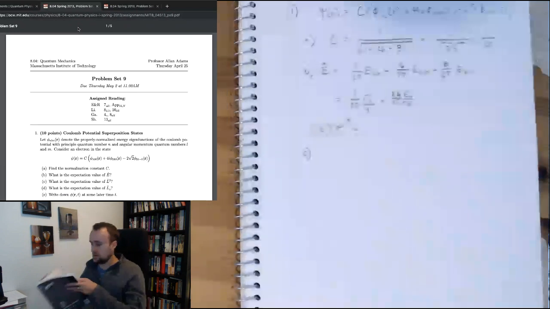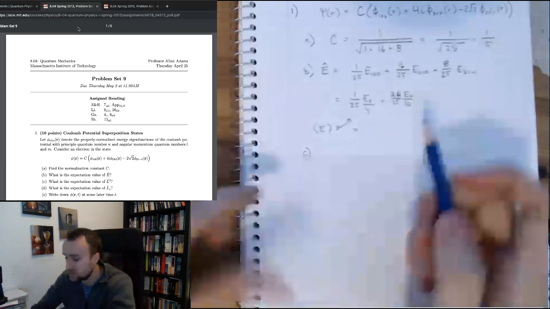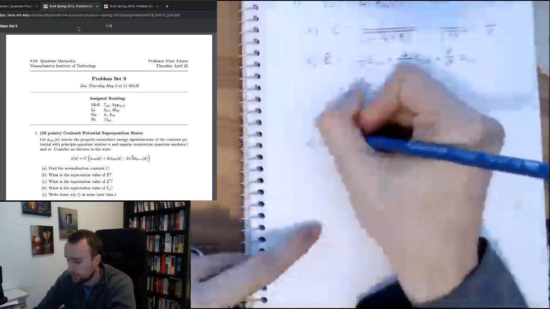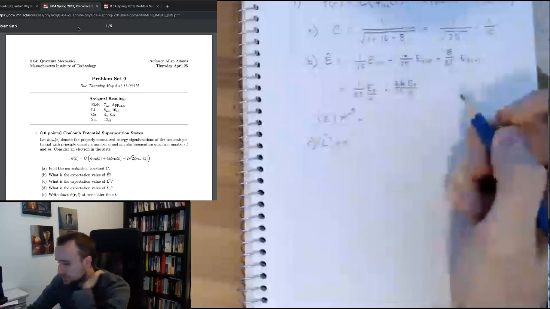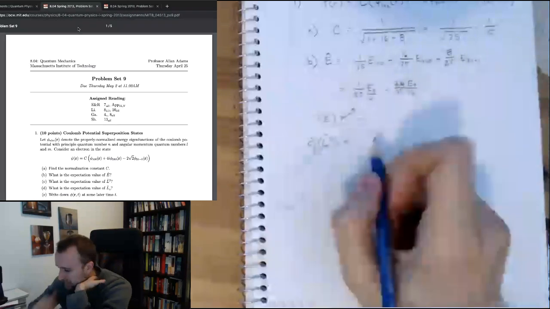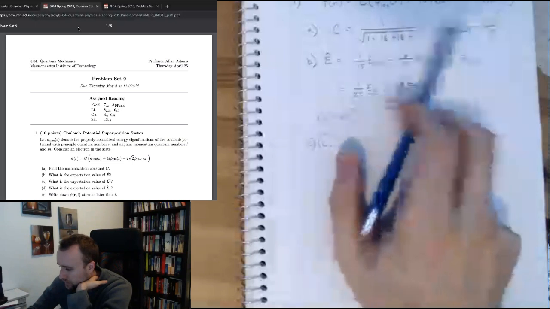C. Let's flip this over so I have it open already. C. What is the expectation value of L squared? This is going to be total angular momentum squared. Well, we have 2 states.